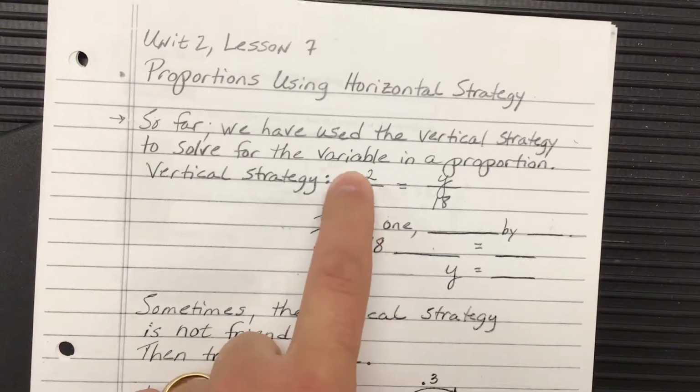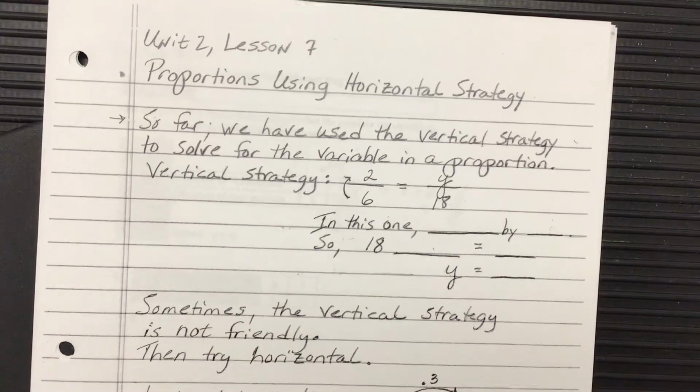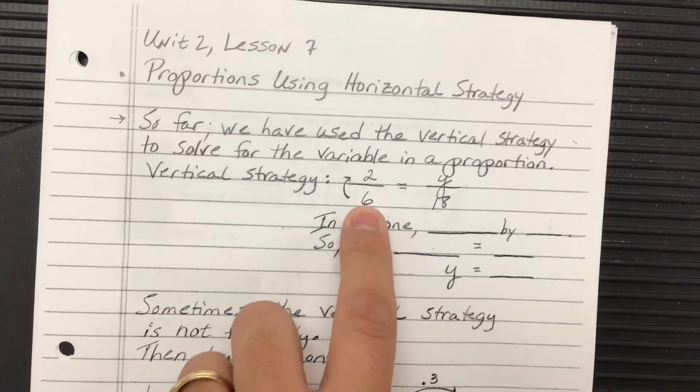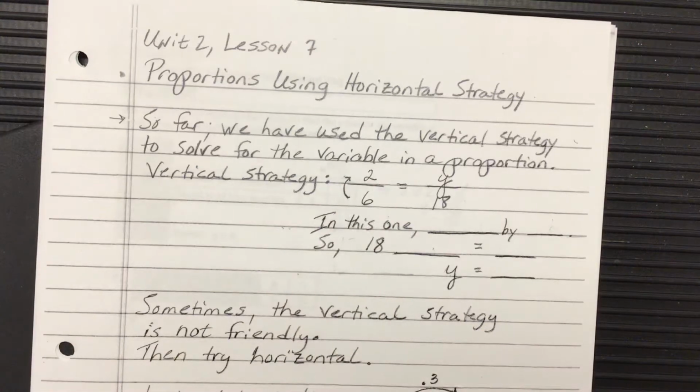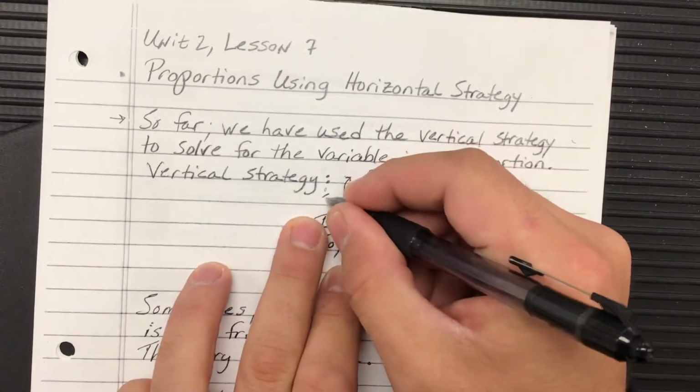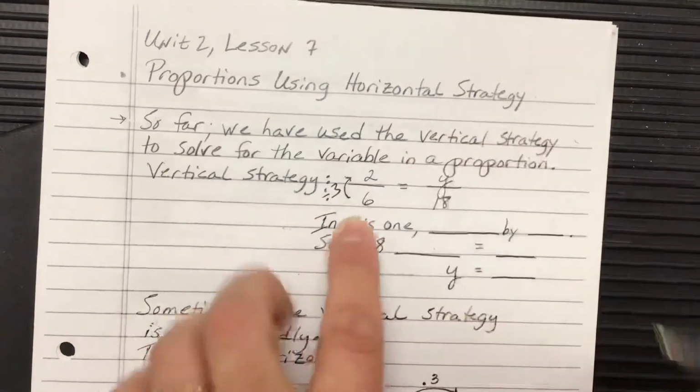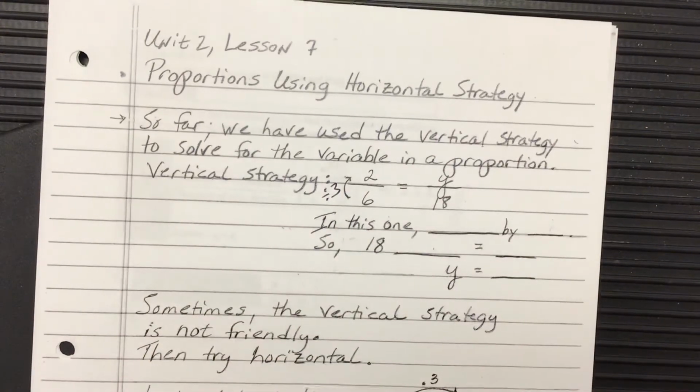How do I get from 6 to 2? How did I get from 6 to 2? We divide by 3. 6 divided by 3 is 2, right?